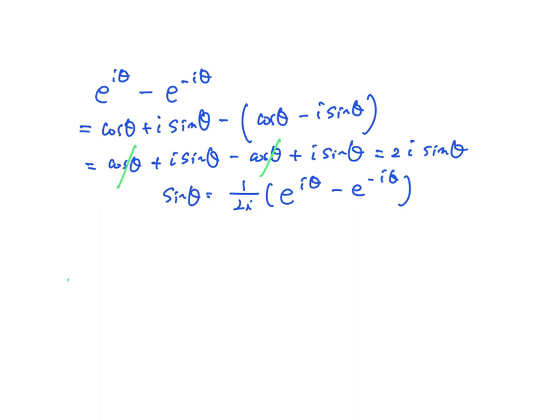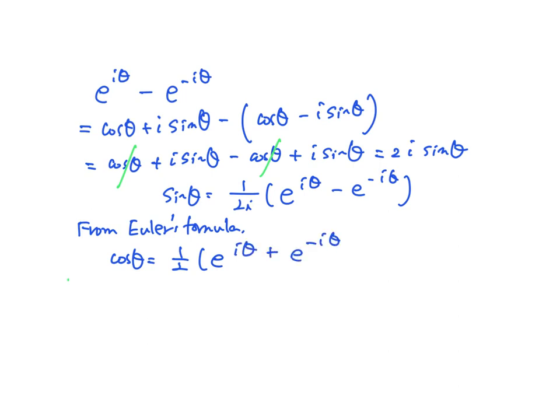So from Euler's formula, cosine theta is 1/2 exponential i theta plus exponential minus i theta. Sine theta is 1/2i exponential i theta minus exponential minus i theta.